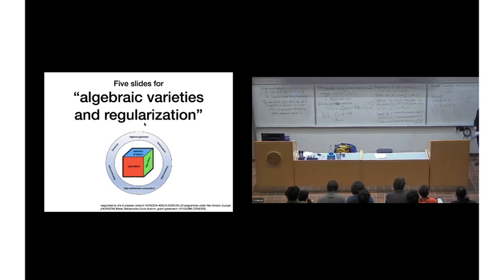And now you clear denominators. To find a polynomial equation vanishing on the reciprocal, we clear denominators, and we find a cubic equation that is contained in the vanishing ideal of our reciprocal linear space.